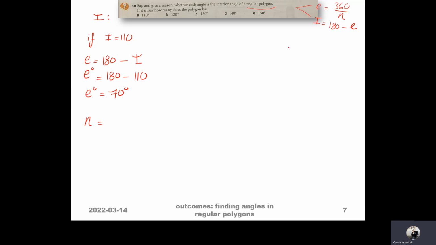I'm just going to explain this one more time here before. So we said we memorize the formulas for any regular polygon as follows.